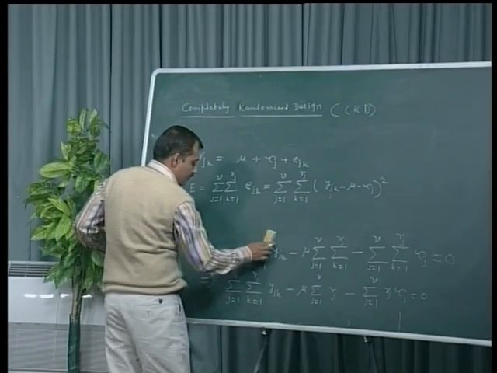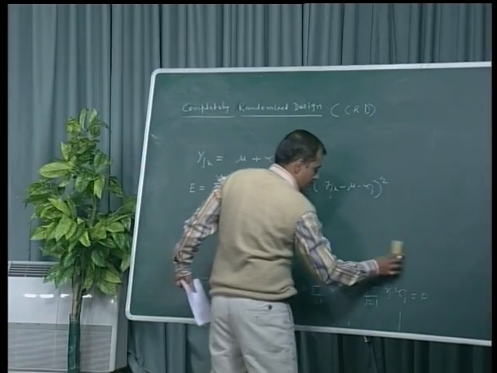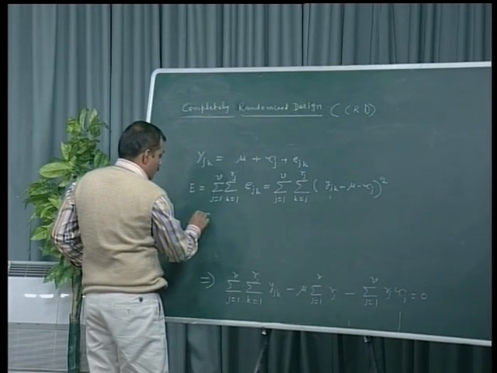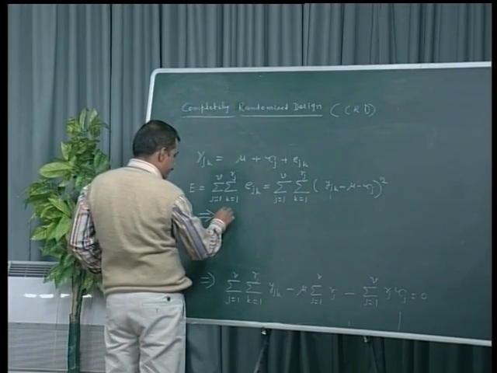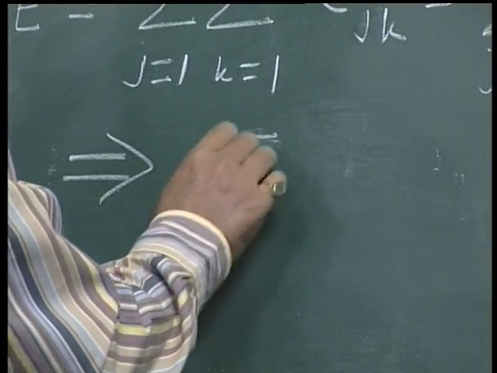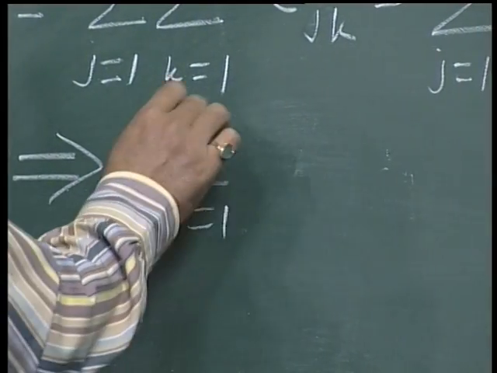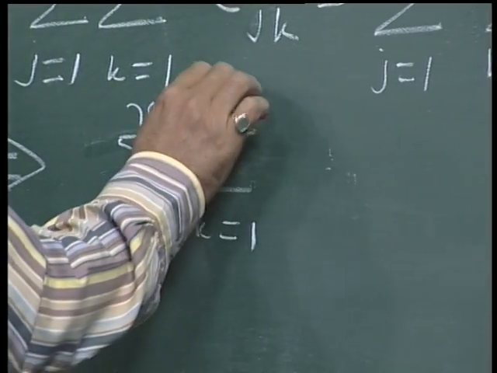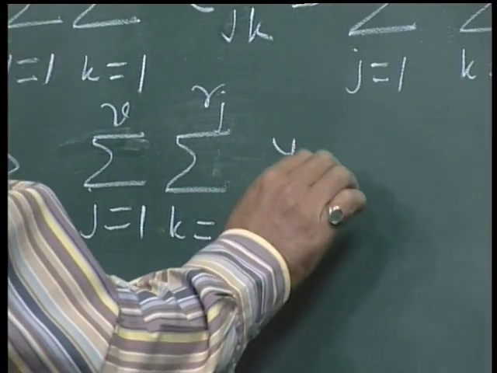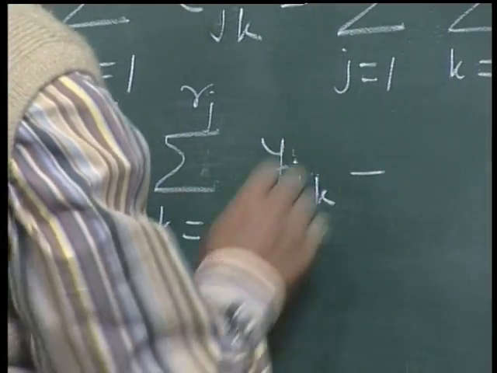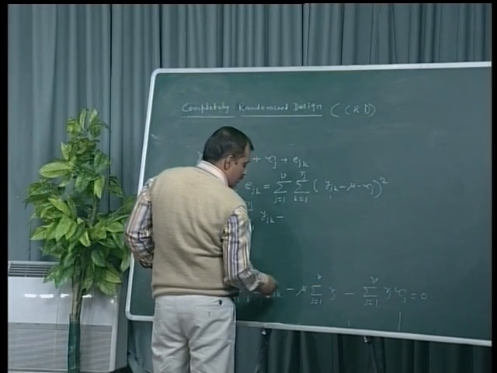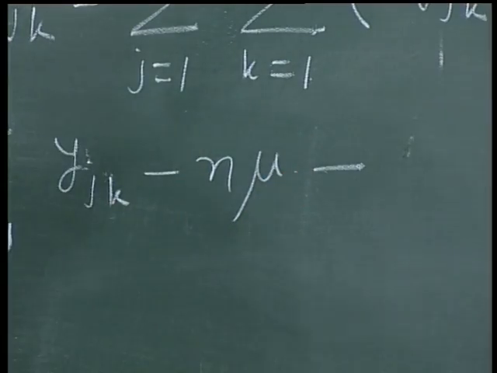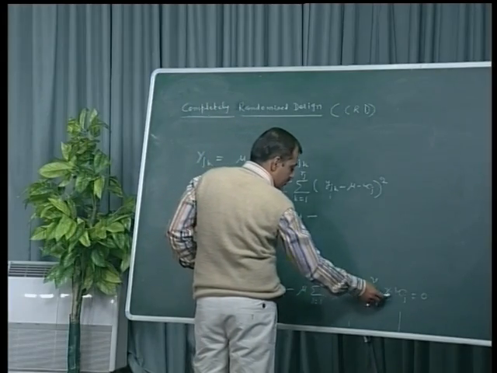So we get the double summation of yjk minus n mu, and by the condition the summation of rj tau j is 0.